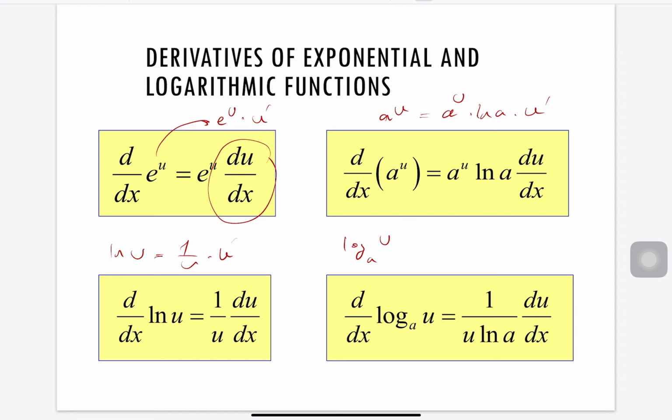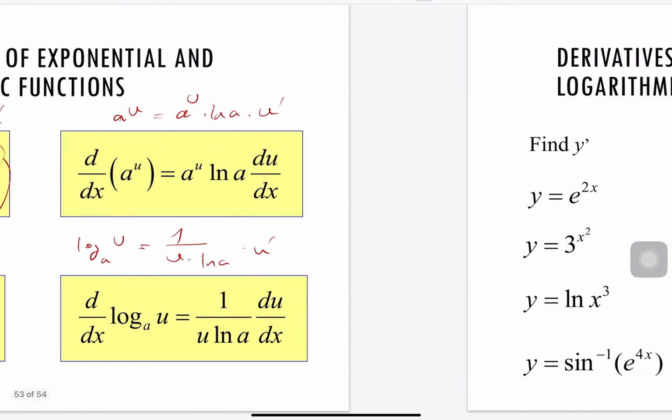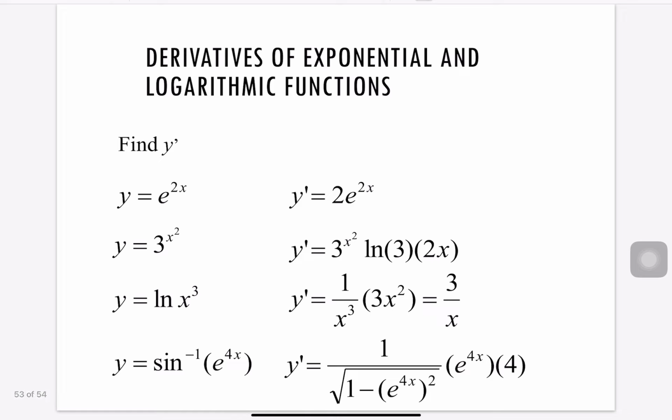Logarithm base a of u equals 1 per u multiply ln a multiply u prime. It will be the same for examples. You can find some examples, I will show you very easily. Again, e power u is very easy. U prime multiply the same function.